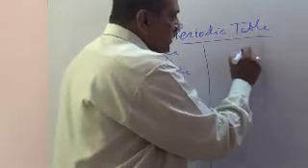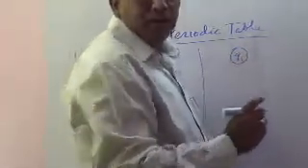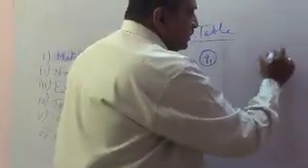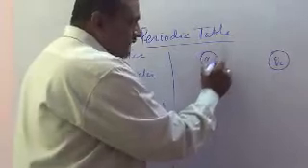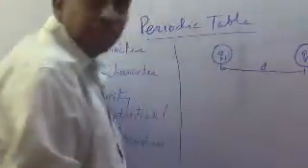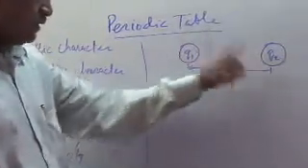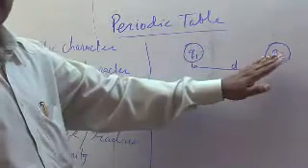In that, suppose this is the charge Q1. You will study this in electrostatics, and this is the charge Q2. The distance between them is d. The force of attraction or repulsion depends upon the nature of the charge.